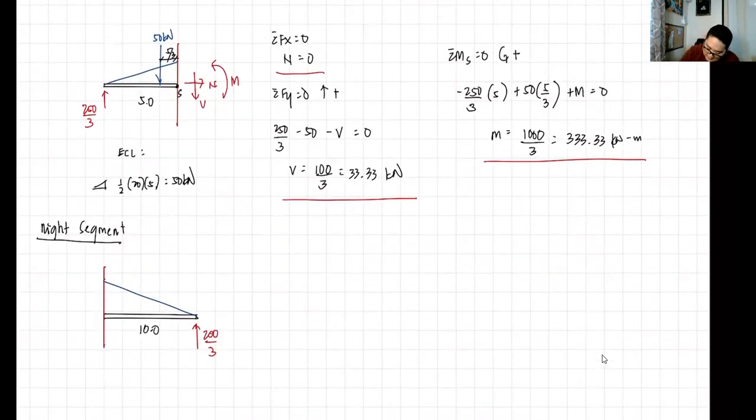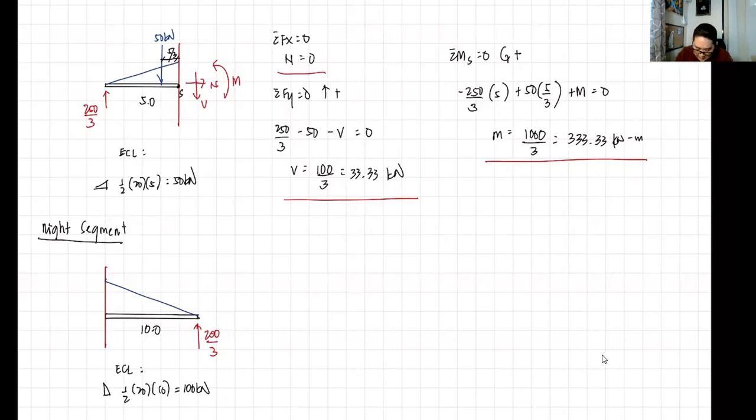So yung ECL natin will be 1/2 times 20 times 10. So that is 100 kilonewton. Okay? Which is applied somewhere dito. So 100 kilonewton and then yung distance niya is 10/3 o 1/3 ng length.